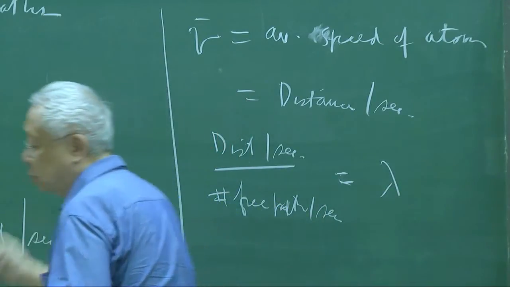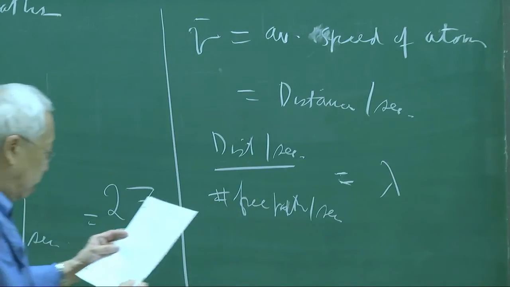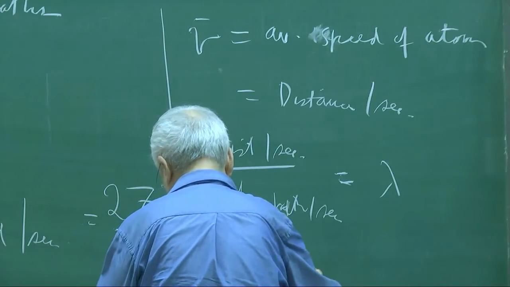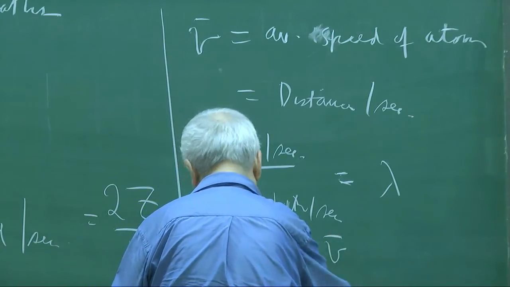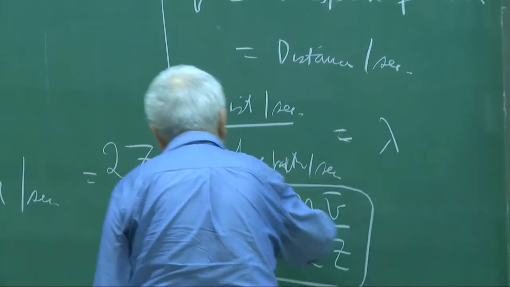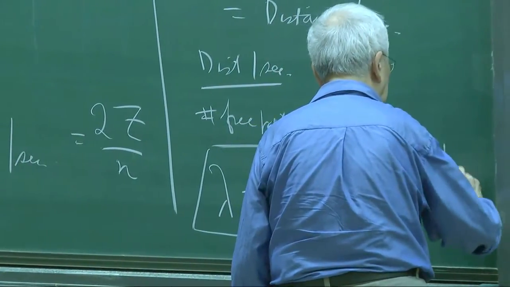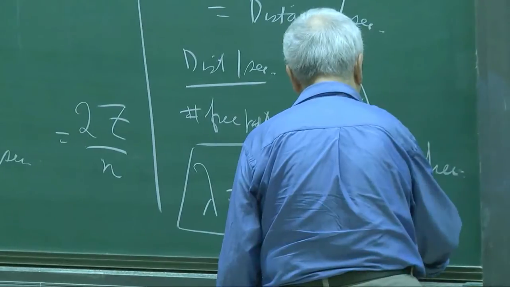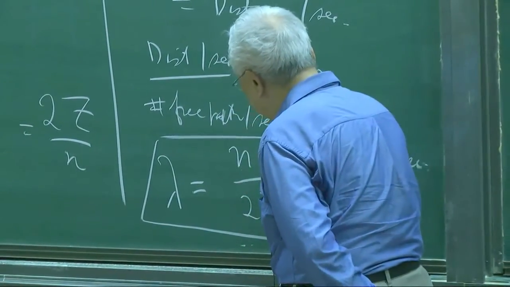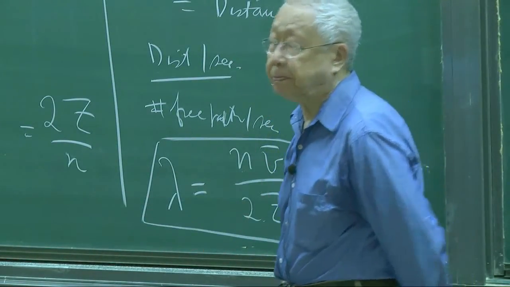That's the distance between collisions. And therefore, we have the result lambda equals n v bar over 2Z. This is the expression of the mean free path: the density times the average velocity divided by 2 times the total number of collisions per unit volume per second.